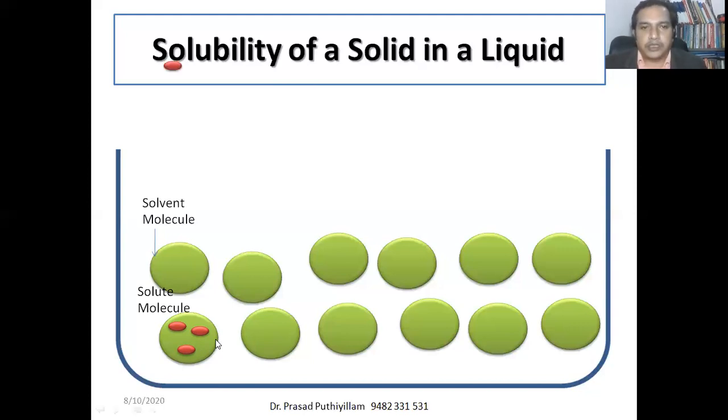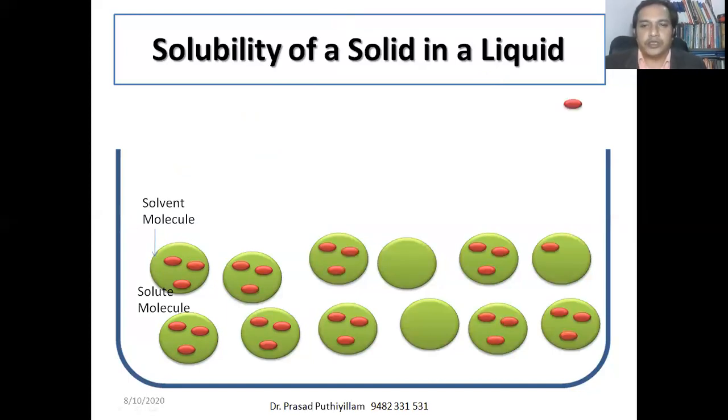Keep on adding the solute, and dissolution takes place. That means it will interact with the solvent molecules. Interact in the sense that the solute molecules form intermolecular forces, or intermolecular bondage, with the solvent molecules. Then only can they dissolve. That means like dissolves like: the solvent molecules like the solute.